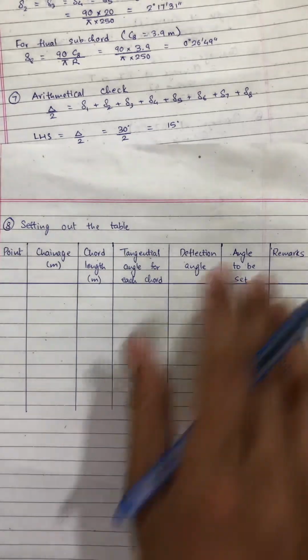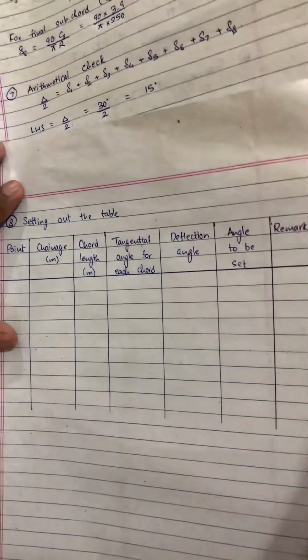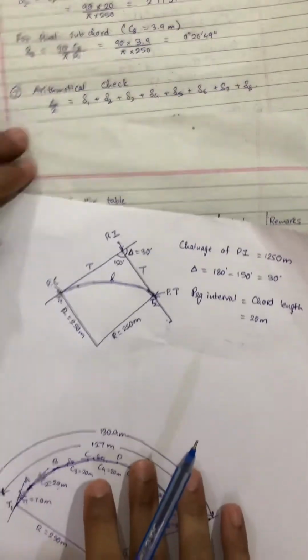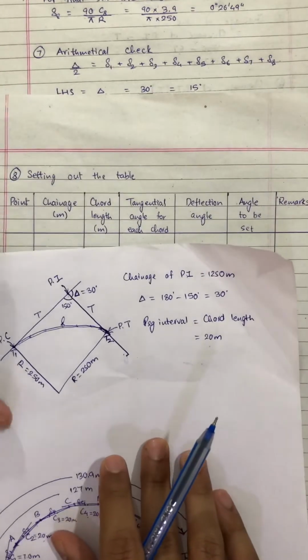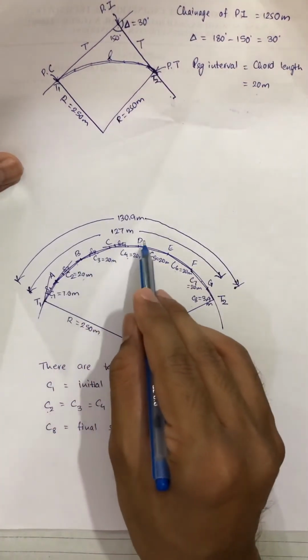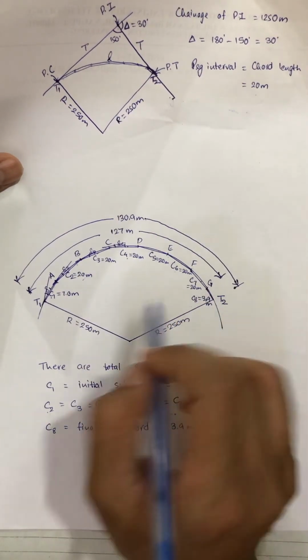Okay, now here we will see how this is to be done. Now see, the points are T1, A, B, C, D, E, F, G, T2. So these points we have to write over here.